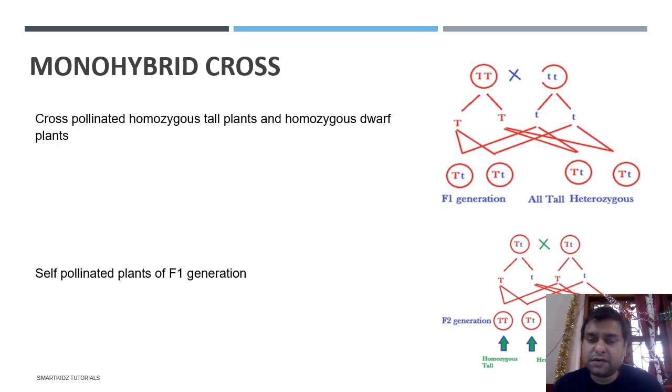When this F1 generation was self-pollinated, what we got was three tall plants and one short plant: one homozygous dominant, two heterozygous dominant, and one homozygous recessive.